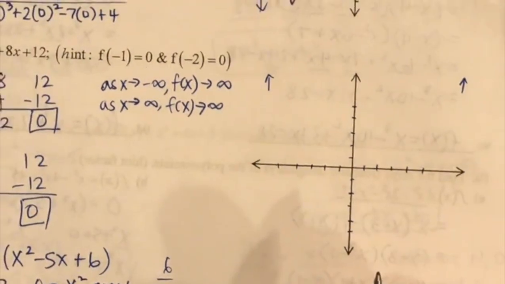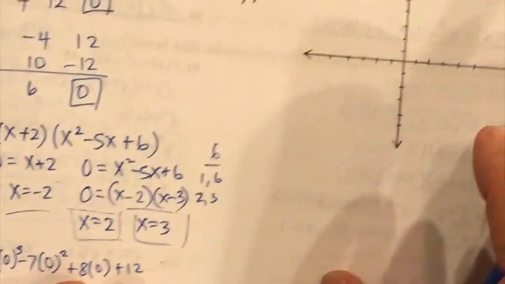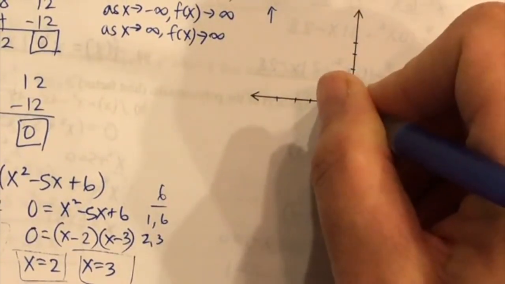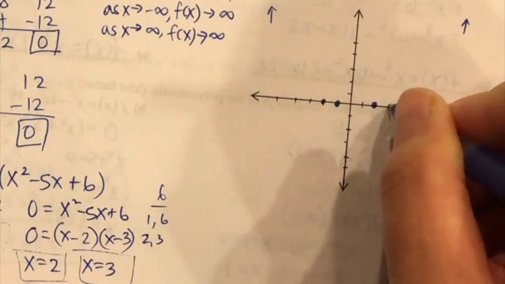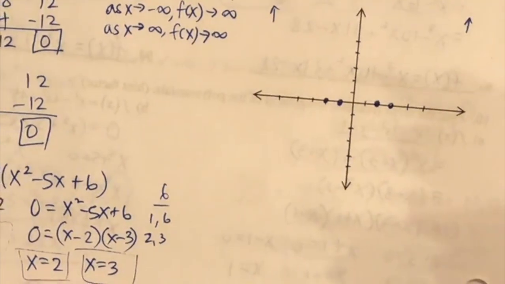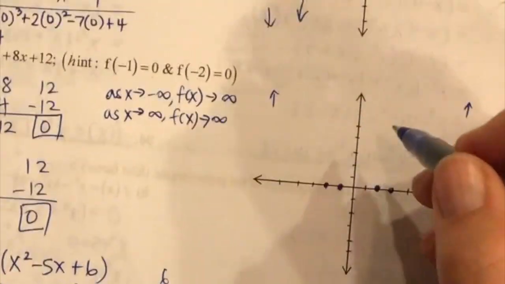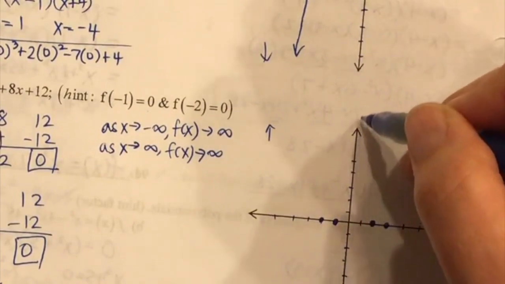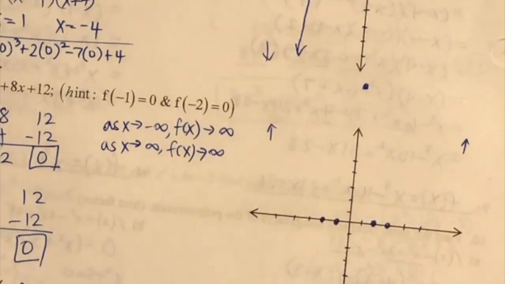Okay, and so now I'm going to grab all 4 of these x-intercepts and put them on my new graph here. -1 is one of them, -2, 2, and 3. I also know that my y-intercept is at (0, 12). Oh, good Lord. (0, 12) is going to be 1, 2, 3, 4, 5, 6, 7, 12. There, I just made it up. I'm not going to lie. So I'm going to say that's 12 way up there.